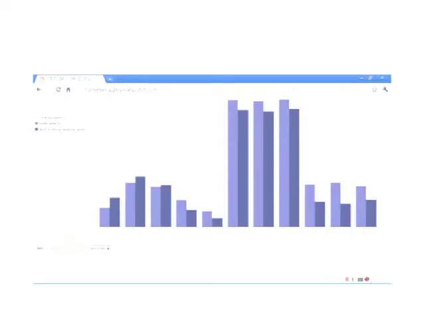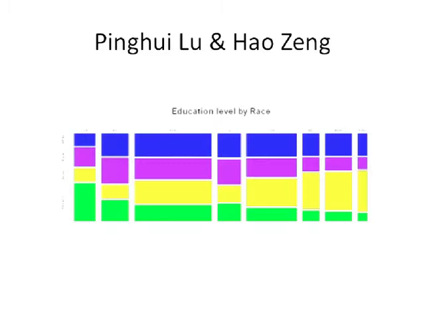This is my last one. This is one of these side-by-side bar charts, which makes it really hard to make a comparison. And they turned it into a mosaic plot because they had two categorical pieces of information. They had education level and race. The colors actually look better there than here. They're really bright on my screen.